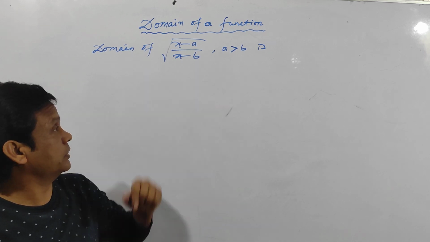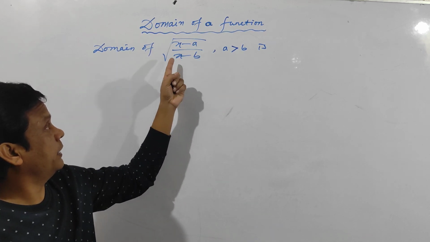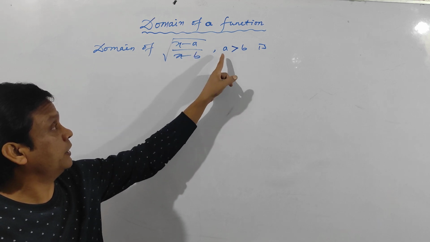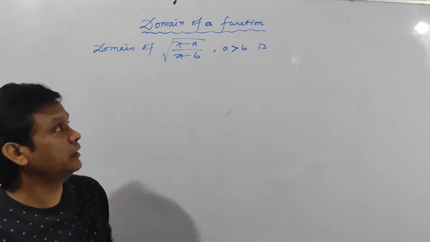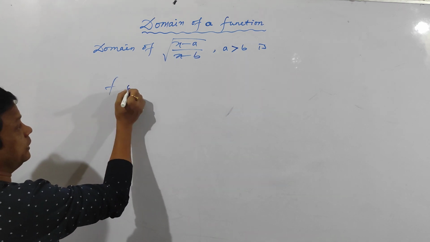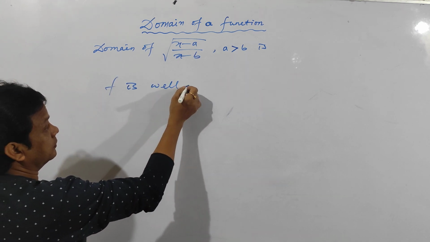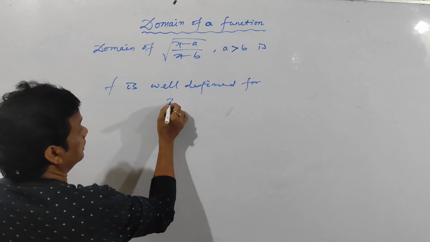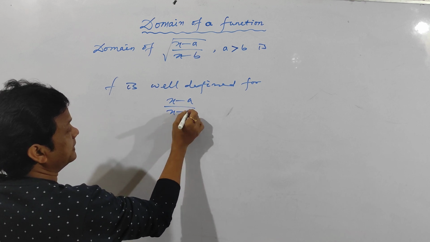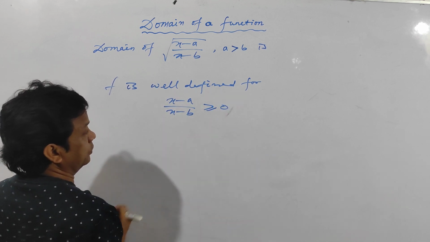See here, second question. Domain of the square root of (x minus a) by (x minus b). Here a is greater than b, but in the previous case it was a is less than b. Clear? So here f is well defined for (x minus a) by (x minus b) greater than or equal to 0.